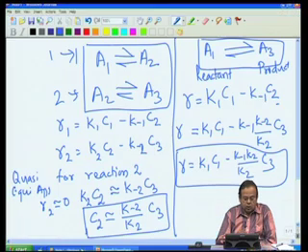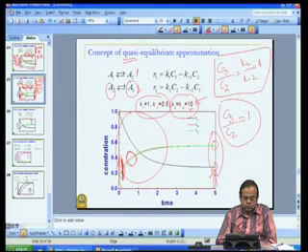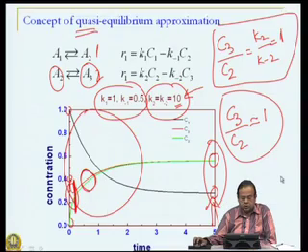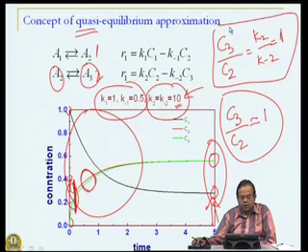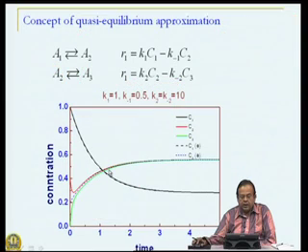So, I have two options now. If I want to simulate this particular reaction, number one, I can consider the detailed network and simulate the process, results of which we saw here, or I can invoke the quasi equilibrium approximation.